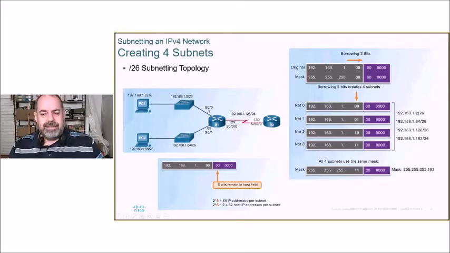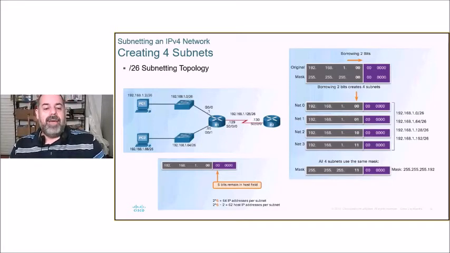If you look for a pattern, each of these numbers is jumping by 64. And if we look at the column values, guess what? The column value of the second bit that we've borrowed is 64. That's how your subnet numbers climb. If you look at the previous one, there was only 1 bit, and that column value was 128, so you had 0 and 128. The numbers jump by 128.